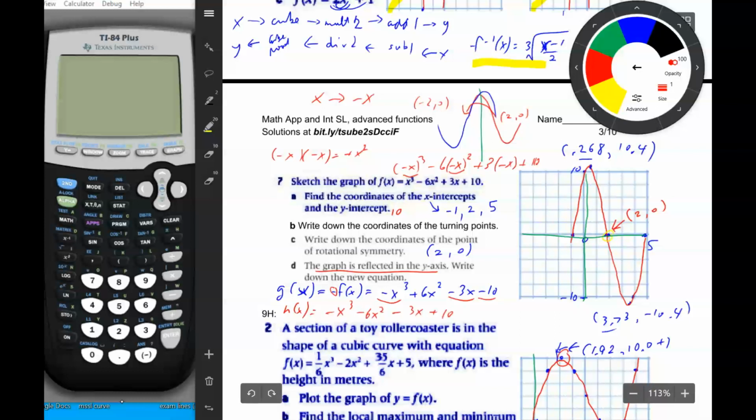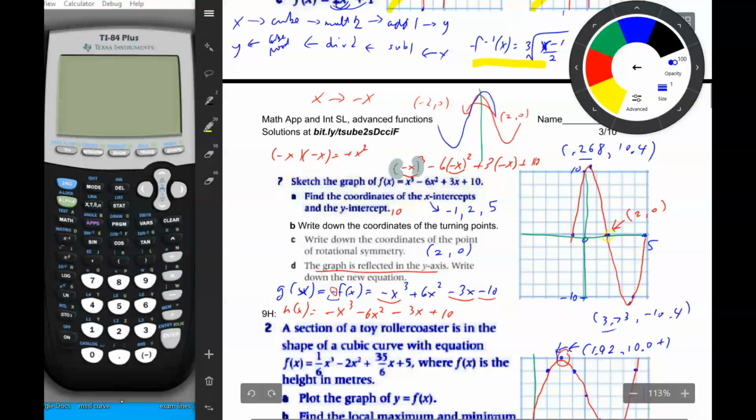Okay? And if you want to reflect it around the x-axis, which would make the thing turn upside down, kind of like this, you would make the whole thing negative like that. You would put the negative in front, and the negative would distribute to each term.